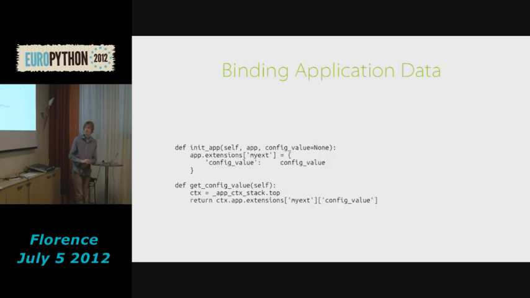So for instance, in init_app, what you can do is get the app.extensions dictionary and add a new entry for your own extension. In this case, we put configuration data onto this own entry, which we control. So every extension is allowed to put arbitrary stuff onto a specific place on the application. And then if you call the function, you can get the current context app. Then you get to the extensions, and you can pick out this configuration value again.